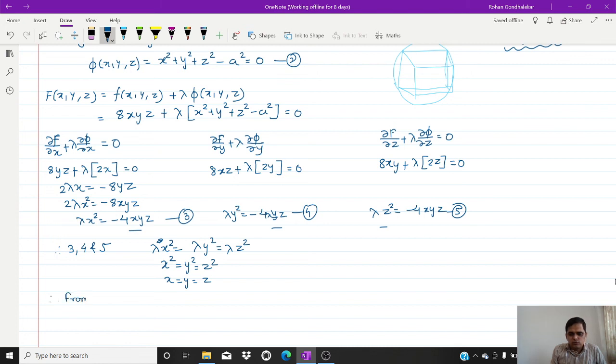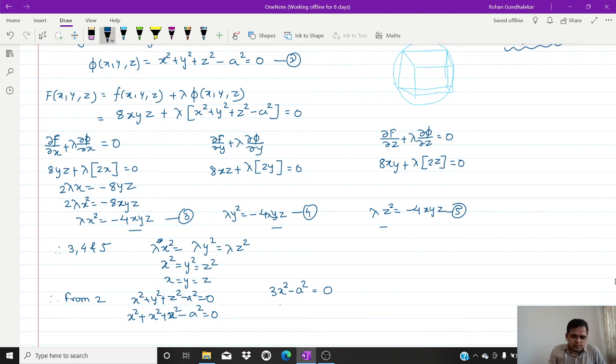Therefore, from 2 we get x square plus y square plus z square minus a square is equal to 0. Replace y and z by x, we get x square plus x square plus x square minus a square is equal to 0. So hence we get 3x square minus a square is equal to 0.